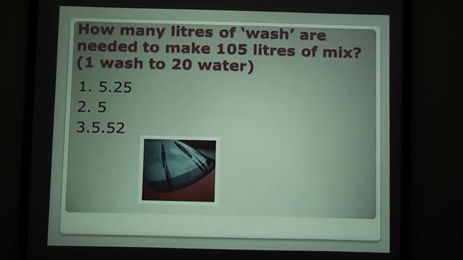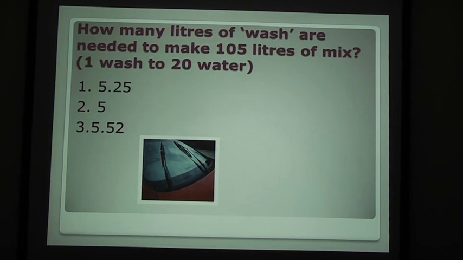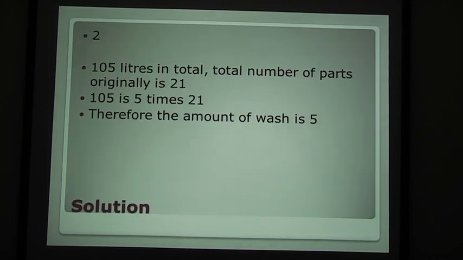So how many litres of wash are needed to make 105 litres of mix? So this is turning it around slightly. Now we're saying, how much wash do we need if you have to make 105 litres of mix? It's again reminding you that it's 1 wash to 20 water. So it's 105 litres in total.